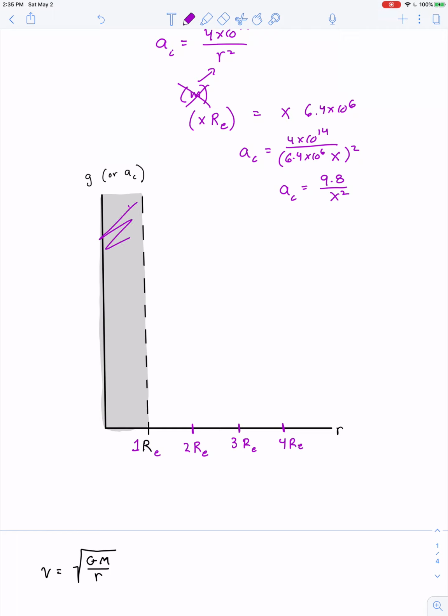And we know there's no point in graphing within the shaded area. So for orbital radius equal to 1 Earth radius, we're talking about a treetop orbit, and then we would have 9.8 divided by 1 squared, which obviously gives us 9.8. So there's one data point.